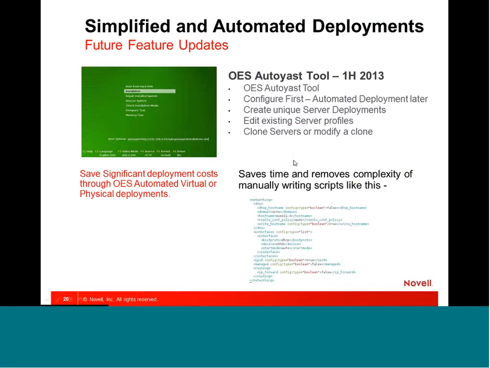You could also clone servers, so you could have one server that you created and say, I want the server to be exactly like this except for X, Y, and Z. Plug that into the tool, change those few things, and then it would again give you a profile that you could then install the server unattended. So that can definitely save on deployment costs.